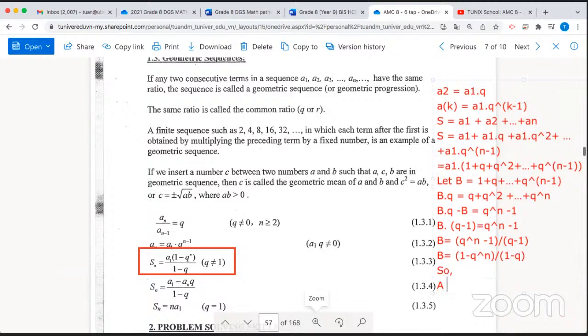So we have S now equal to A1 times B. We take the value of B here, so that you can find the answer. You got it? Yes, I get it. I'll definitely note that down. That's very useful.